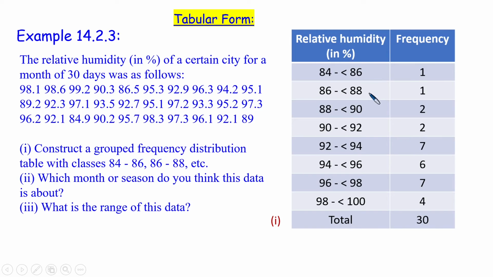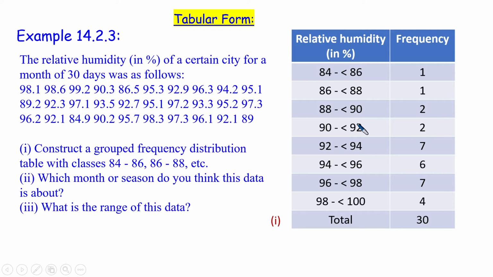So this is a tabular form. Again, I have taken it from the data, and I have added "less than 86" because if it is 86, you put it in the next class. So between 84 to 86, there is one data point, frequency is 1. Similarly, here is 1. From 88 to 90, you can see here, you have 2 data points.